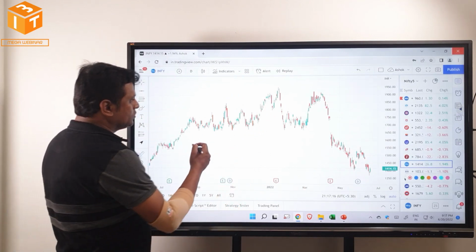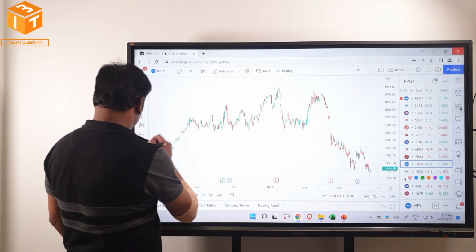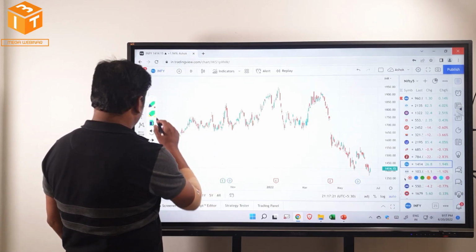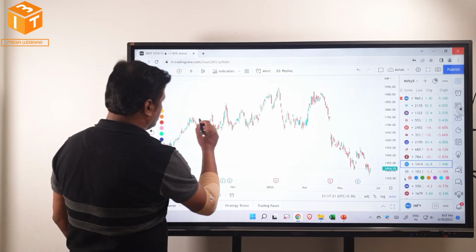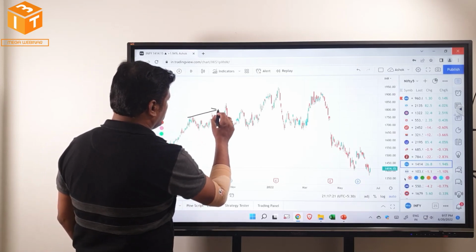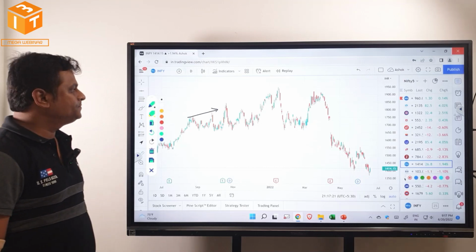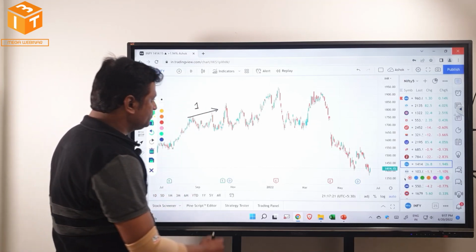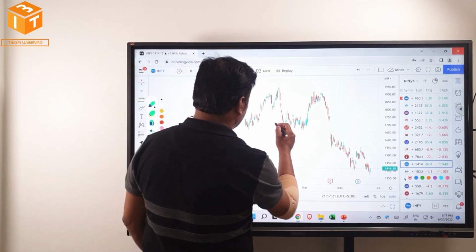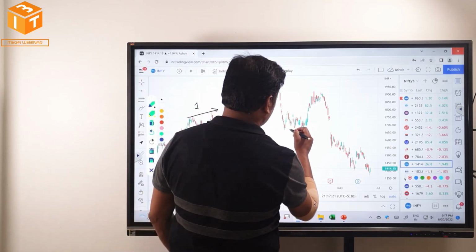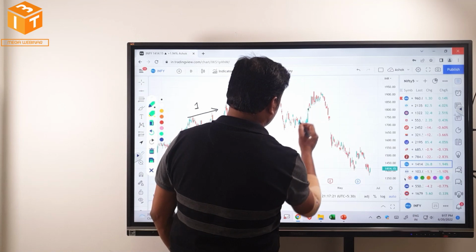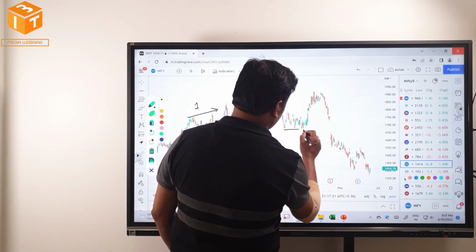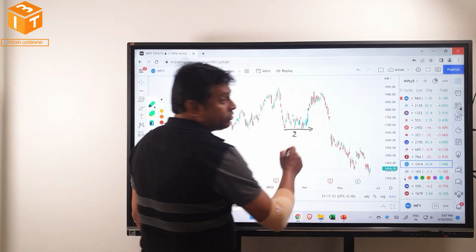Alright. So look at this. Can I draw this trend line? Trend line 1. Can I draw this trend line?